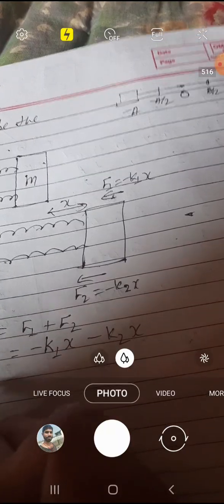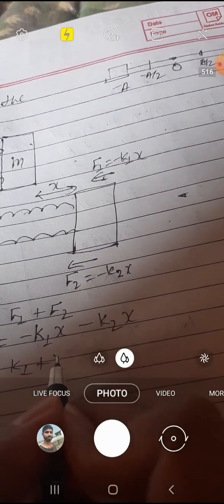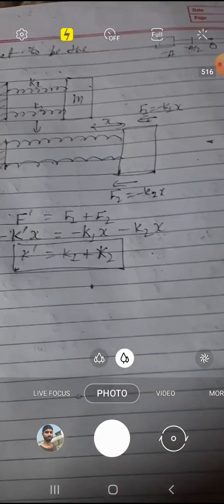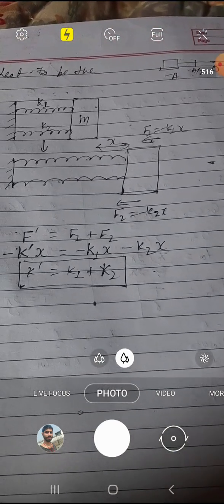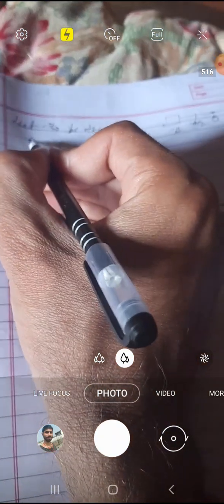From here we get K dash equal to K1 plus K2. So in parallel combination of springs, K dash equals K1 plus K2. This is for parallel combination.